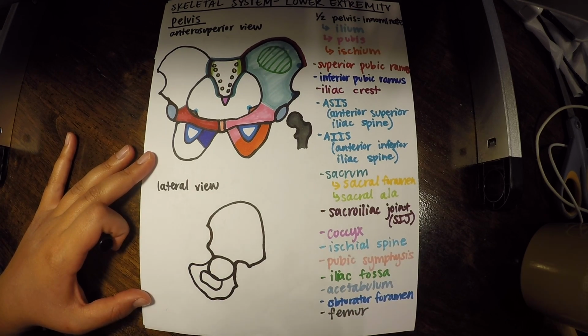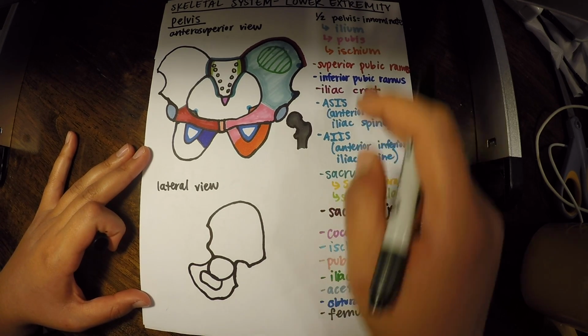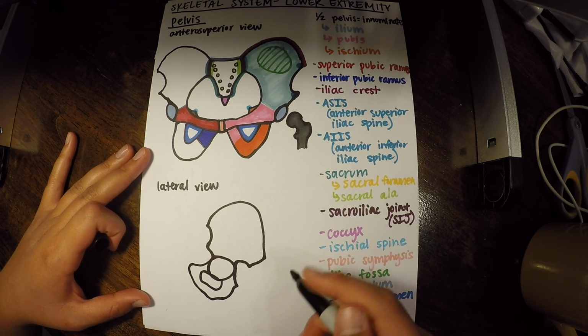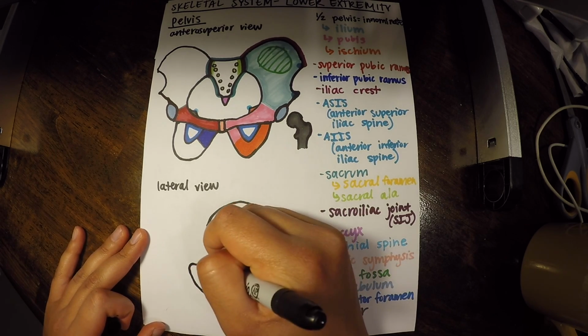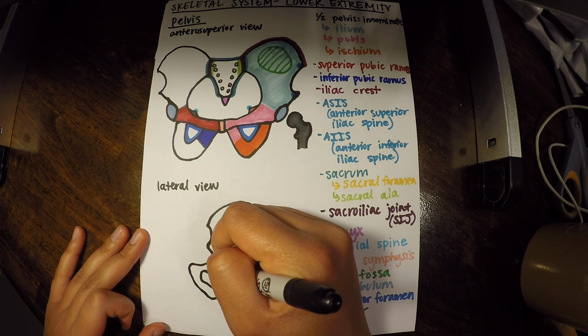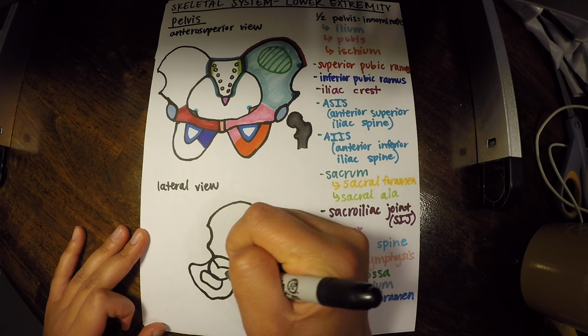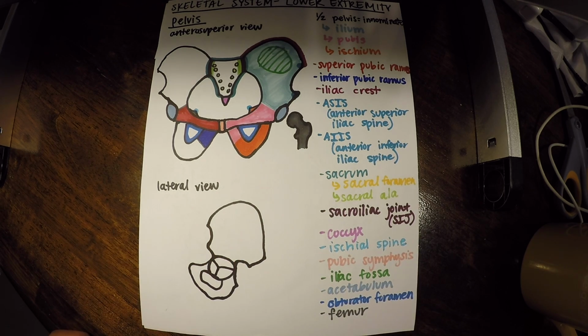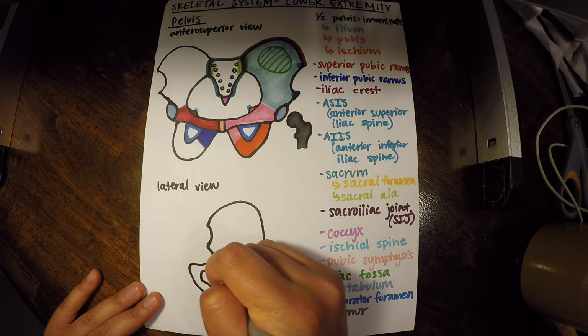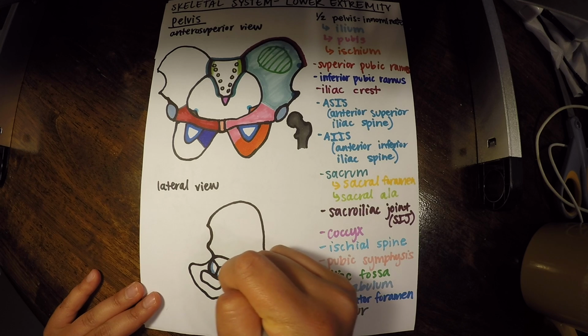Anyway, this is what the lateral view of one innominate looks like. So for reference, this is our acetabulum right here, where I'm drawing my lines. And it's actually going to be split into three different parts. But so we remember that it's our acetabulum, I'm going to just draw a circle around it right here.